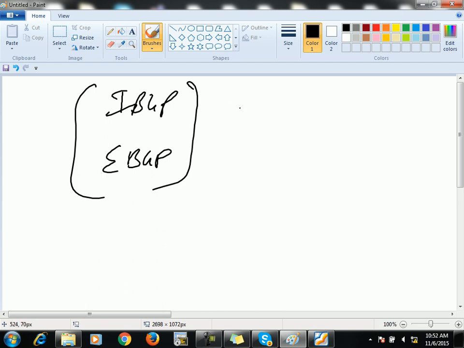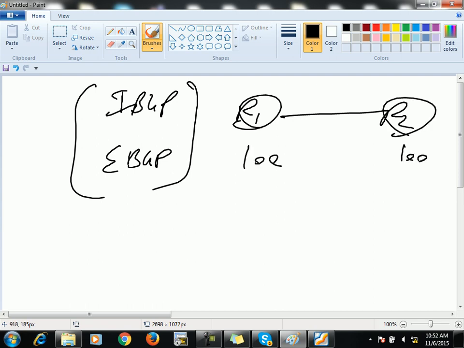You know very well that if your neighbor is in the same AS100, in that case for R1 this R2 will be an IBGP neighbor, right? If your neighbor is in a different AS, then you will call it an EBGP neighbor. So basically it depends on the neighbor AS. If our neighbor is in the same AS, then we call that neighbor an IBGP neighbor, internal BGP. And if our neighbor is in a different AS, then we call that neighbor an EBGP neighbor, right? And it depends only on ASs.